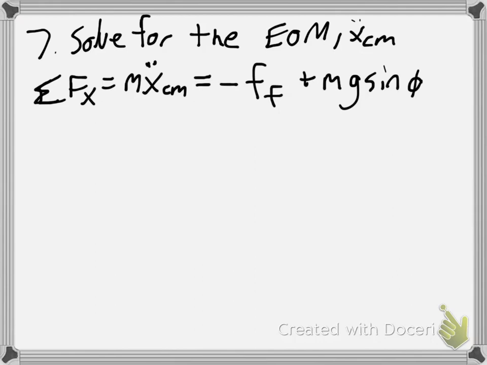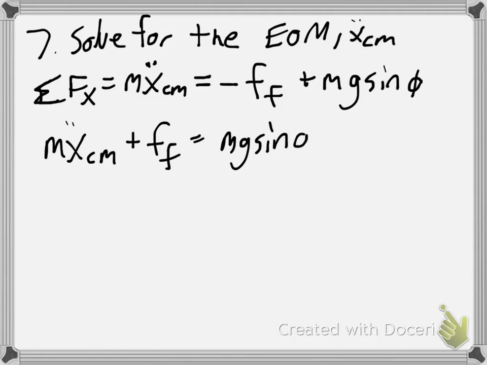Now, that was nice, huh? So what I want to do is get the unknowns on the left and keep the knowns on the right, just like before. So I'm going to have m x double dot of the center of mass plus the force of friction equals mg sine theta. Or, I'm sorry, sine phi.